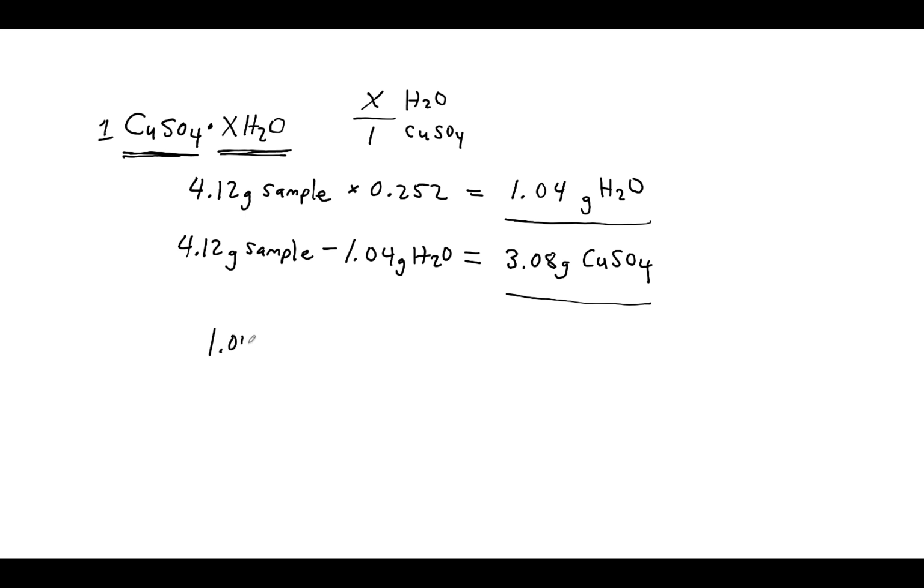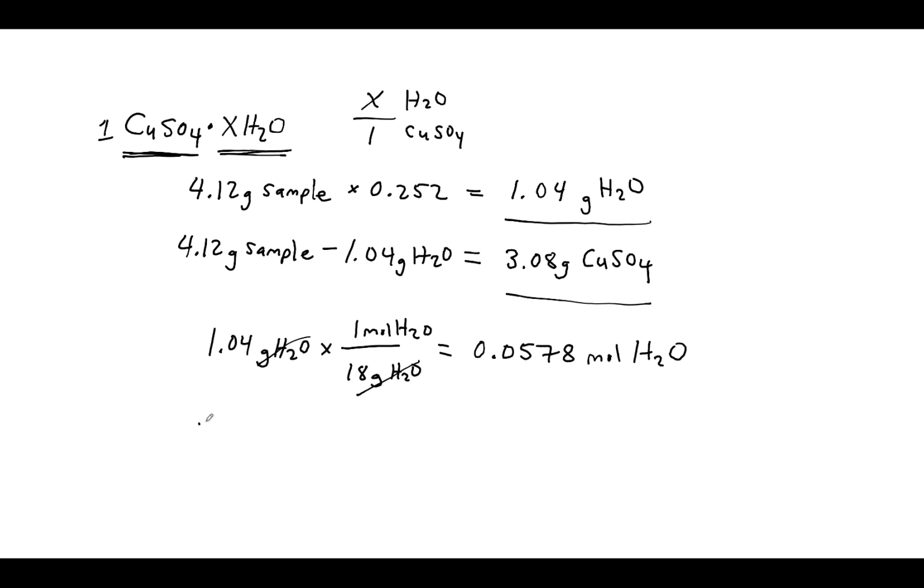We have 1.04 grams of H2O, and we're going to assume water to be about 18 grams per mole, right? 18 grams of H2O, 1 mole of H2O. Of course, our grams cancel. So when we do this, 1.04 divided by 18, we get about 0.0578 moles of H2O.